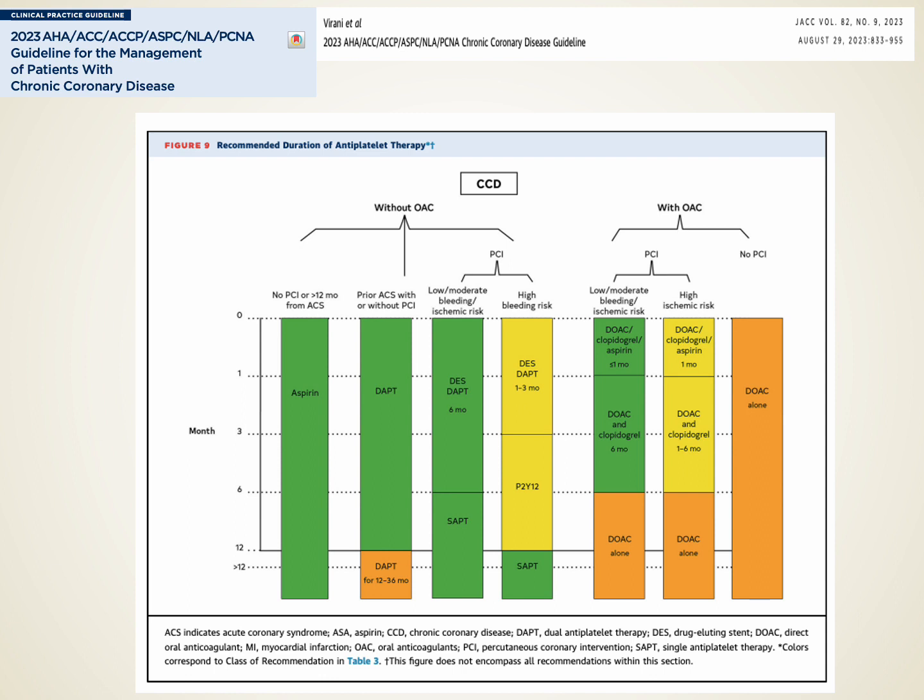And so are they candidates for aspirin alone, dual antiplatelet therapy? If so, for how long? How's the level of evidence for each of those? And keep in mind that the coloring scheme here is consistent with the strength of the recommendations that have been made, where green is the strongest recommendation, and yellow less strong, orange even less so.